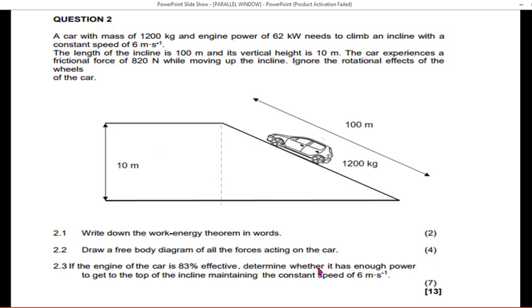Then determine whether it has enough power to get to the top of the incline, maintaining the constant speed of 6 meters per second. So here we have to determine whether it has enough power, which means we are going to calculate the power of the engine.